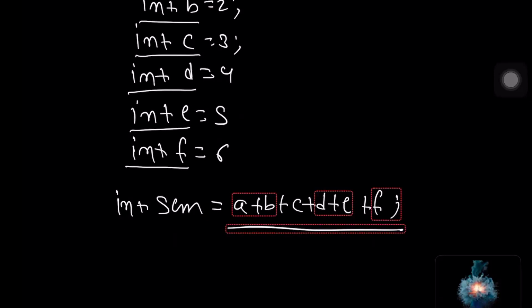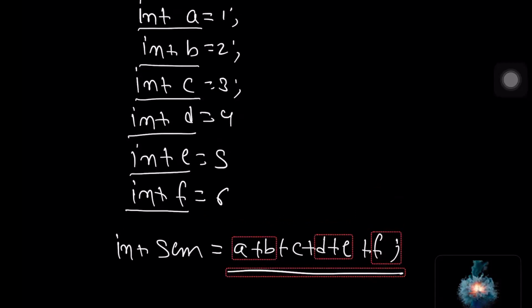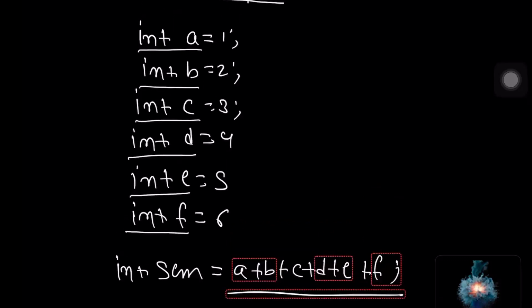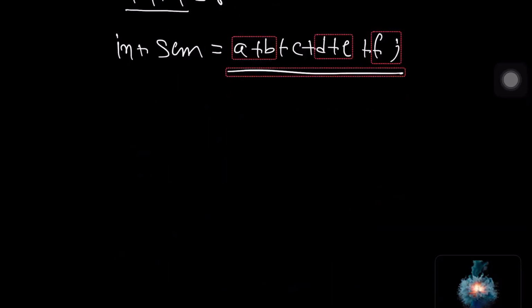Okay. So if we have this type of scenario, what we can do is we can prefer arrays. So how are arrays going to help us in this type of scenario? We'll see.